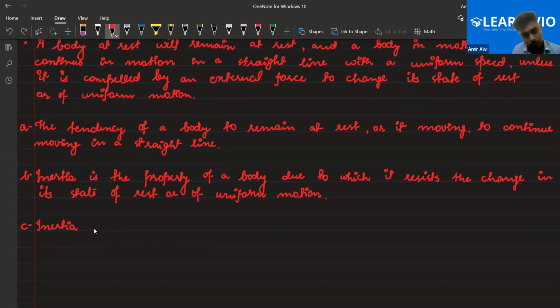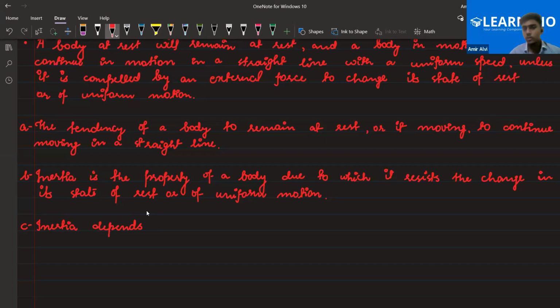Inertia depends on mass. It's not a comparison, Tejas. These are two associated things. If there is mass, there would be inertia, and if there is inertia, there would be some mass.